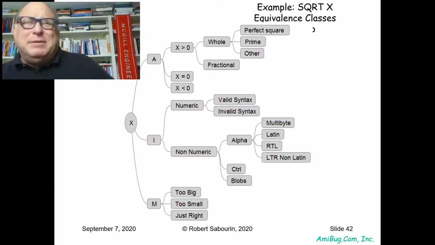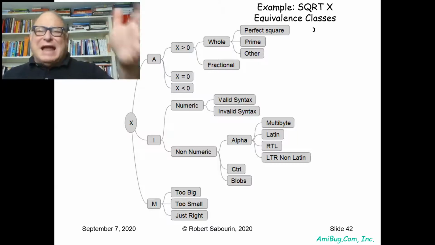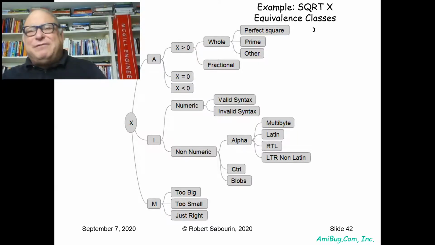I spent a lot of time in multilingual computing, and I gained a lot of traction for testing non-numeric alpha classes given different codings of language. So you have multi-byte codings, Latin-based codings, right-to-left languages, and left-to-right non-Latin languages. A left-to-right non-Latin language might be something like Greek or Cyrillic.